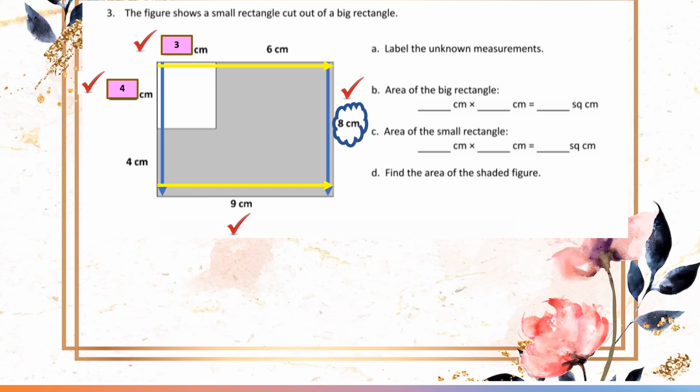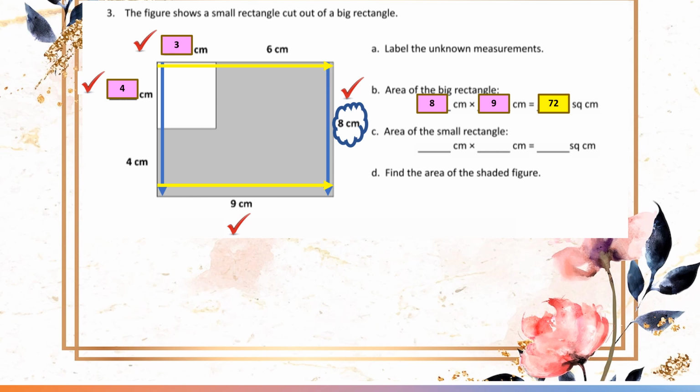Okay, well, the length of the big rectangle was 8, and the width of the big rectangle is 9. So if we figure out 8 times 9, then we'll have the area of the big rectangle. Well, what's 8 times 9? If you said 72, you're absolutely correct.